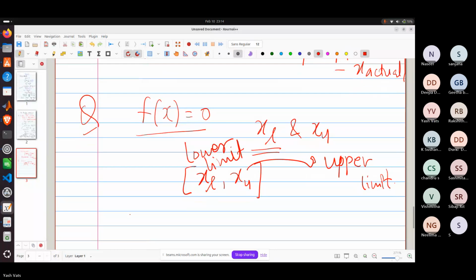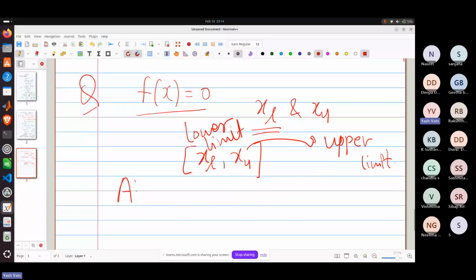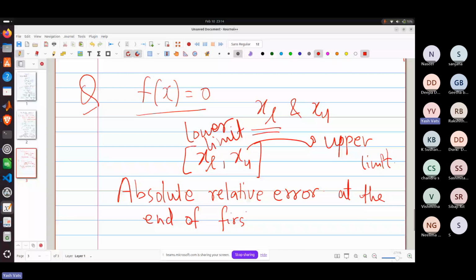So I say you do the absolute relative error at the end of the first iteration. Just calculate that.